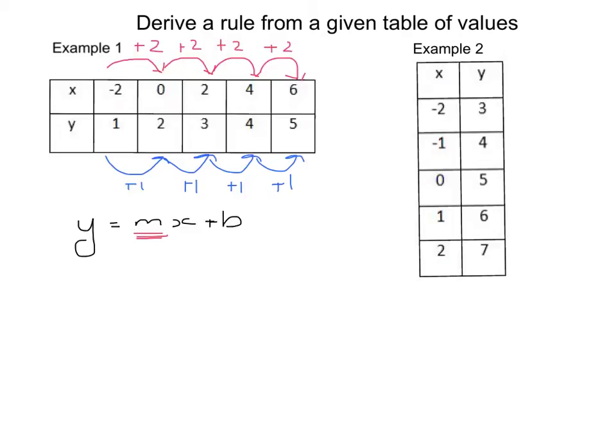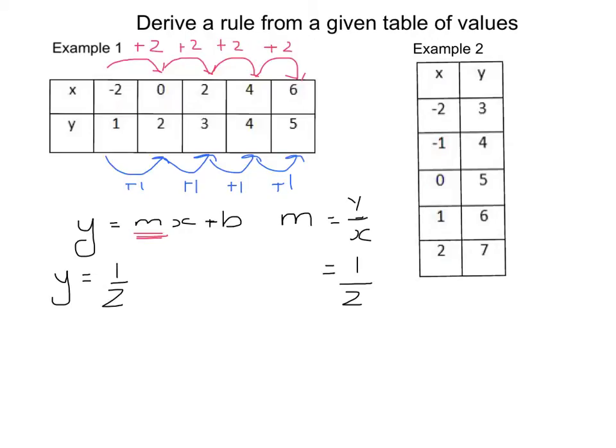So to work out m, I need to work out what the changes of y are over the changes of our x. Now in this case, our y changes are 1 and our x changes are a half. So when I go to start completing my table of values, in the m place I actually write a half.